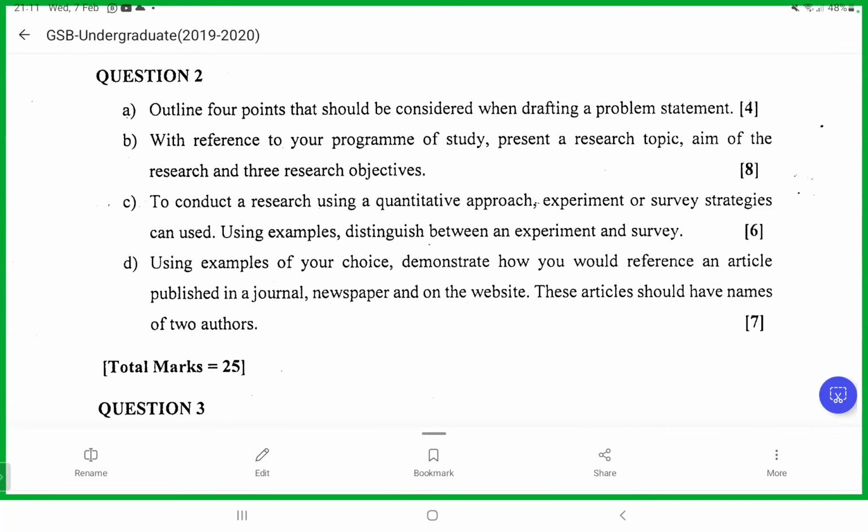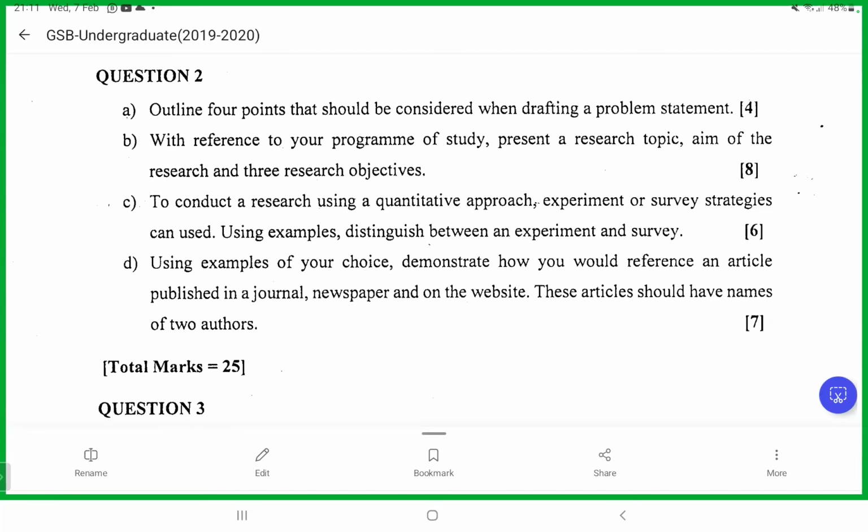So in this conversation, I want us to consider these 2 parts of the question. I will talk about how to outline, how to come up with the problem statement of a research question. And I'll also show you how to choose a research topic.